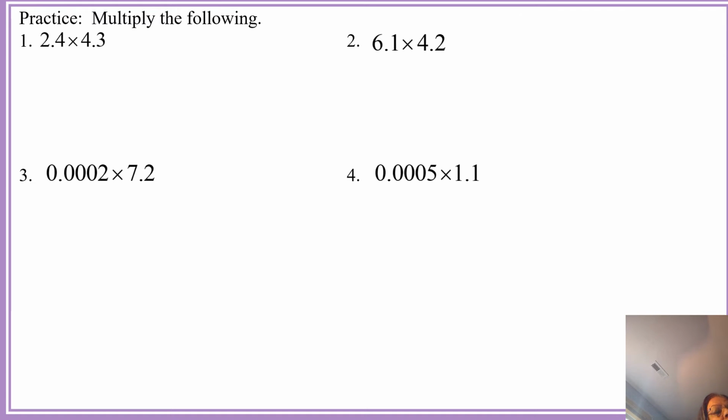Okay, so we have 2.4 times 4.3. So what we're going to do is we're going to multiply 24 times 43. Okay, 24 times 43 is 1032.